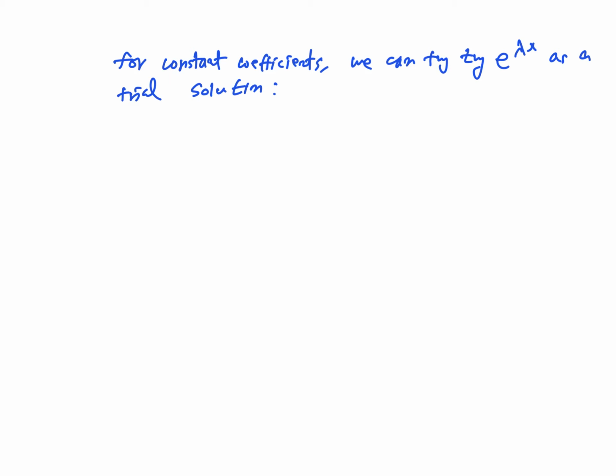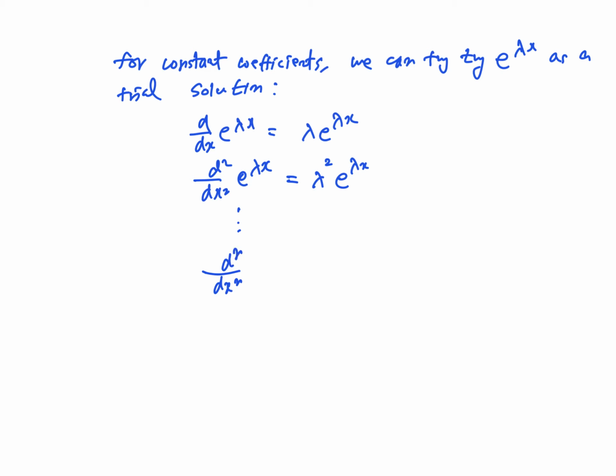So the derivative is lambda exponential lambda x, the second derivative is lambda squared exponential lambda x, etc., and the nth derivative is lambda to the n exponential lambda x.